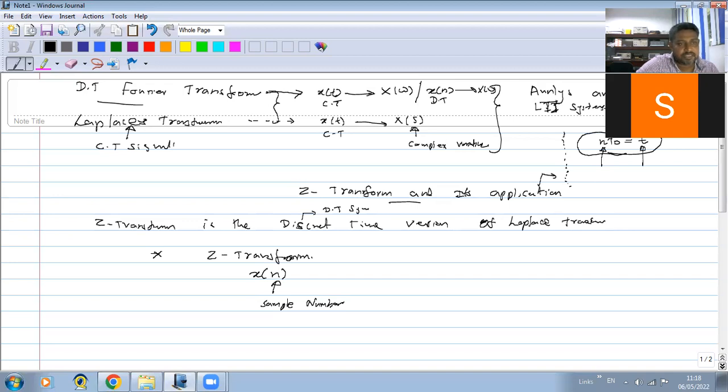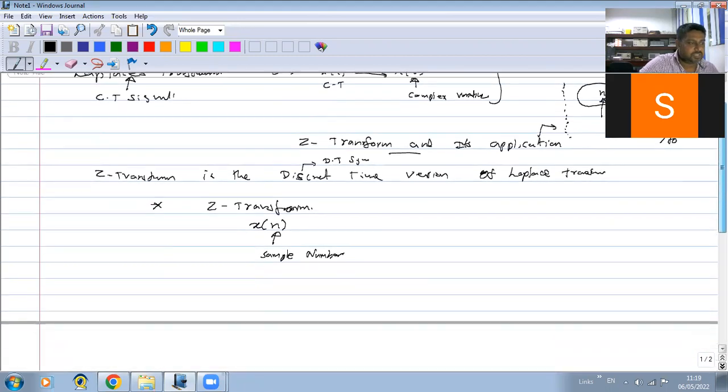And this t naught is nothing but the sampling period, or 1 divided by the sampling frequency, f naught. I think these things you already know, so we can continue without a problem.